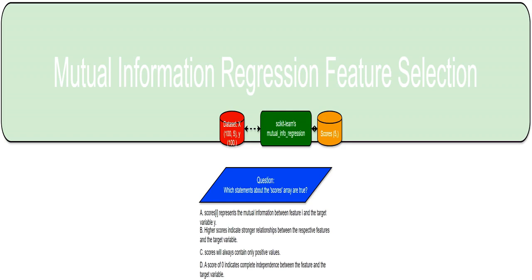I am using a technique called mutual information regression to pick the best features for my model. This method helps me understand how strongly each feature is related to the thing I am trying to predict. Mutual information measures how much knowing the value of one thing tells me about the value of another thing. Regression means I am predicting a continuous value, not a category.